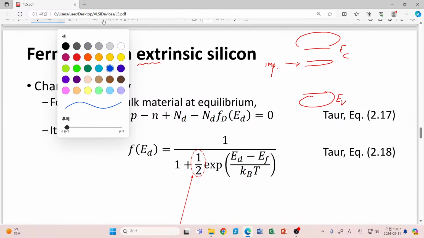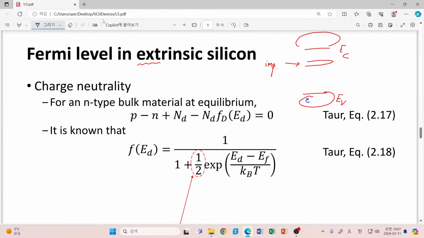I mean that although our electrons originally located in this EV, under the EV, are not summarily activated. However, there is another source of electrons provided from our impurity level.